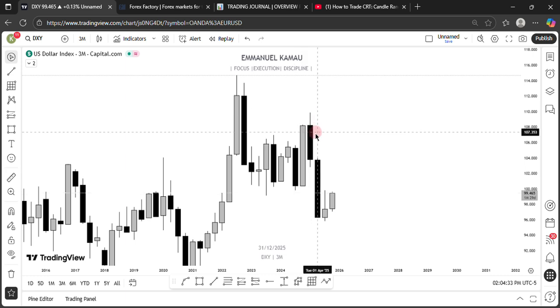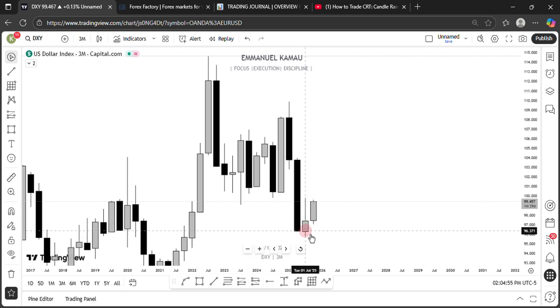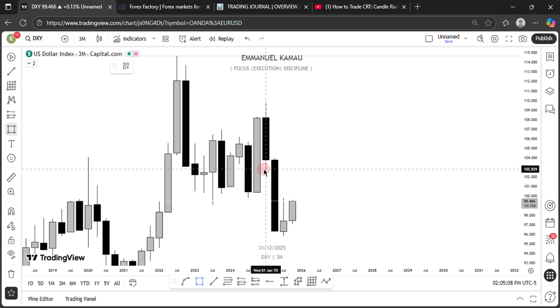From that place we rallied down, we distributed down, and what I'm seeing is that we have formed the low of the week. So this candle is retracing around 30% to close that yearly candle. So our bias from the 3-month time frame is that we expect more bullish to close the year candle. Also to support our bias, we can see that we have an imbalance.